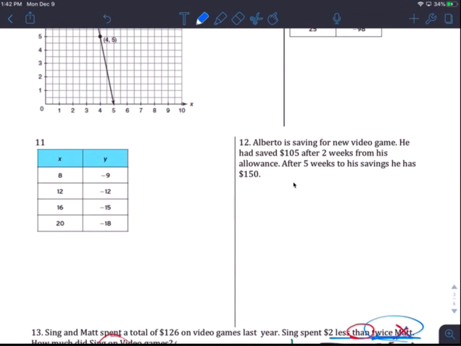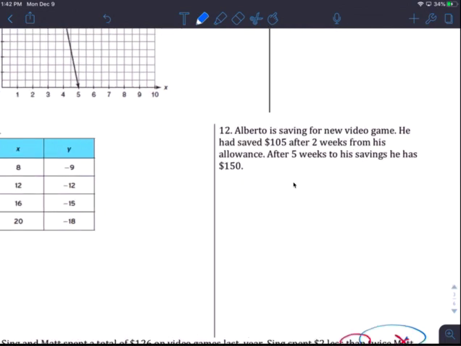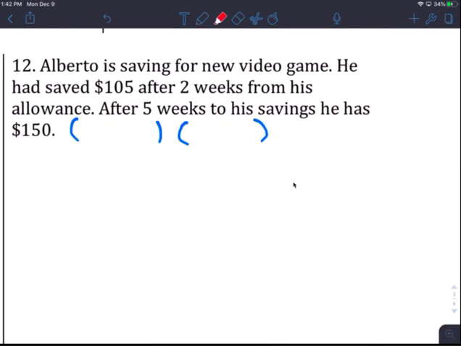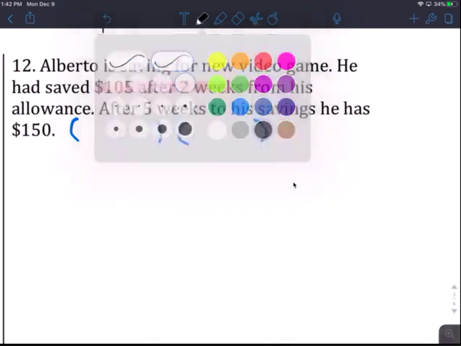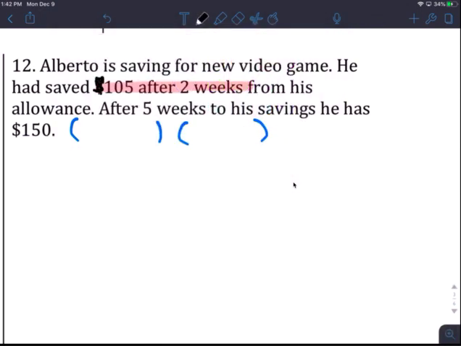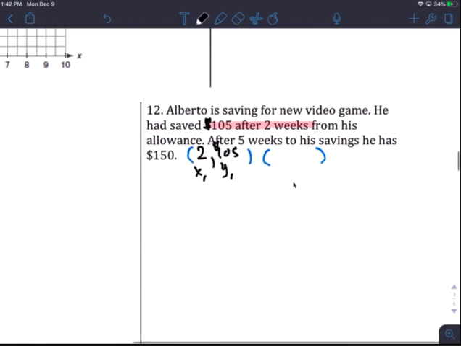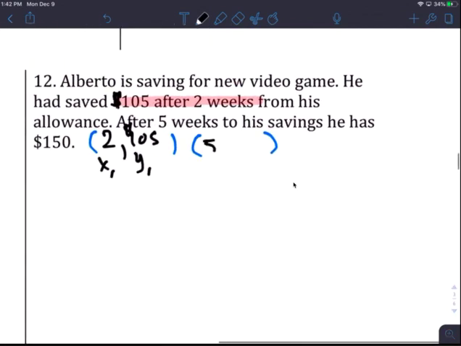Number 12 and on is like the other ones. If you were in class, it's the first, find the 2 ordered pairs. So this one would be weeks comes first because time always comes first, and dollars is always y. Okay, $105 and 2 weeks is x. And the other one is 5 weeks for $150.